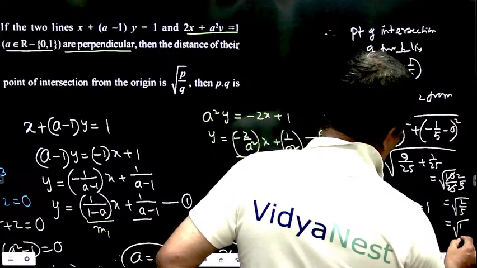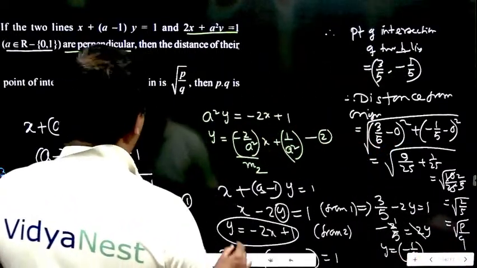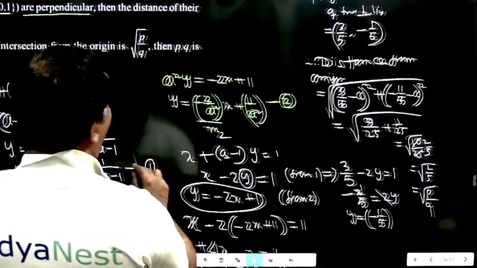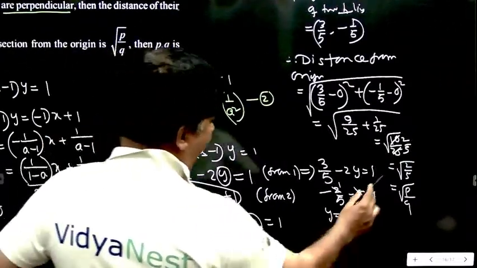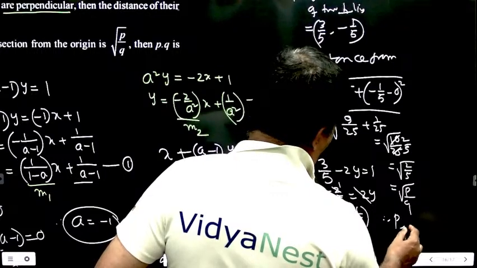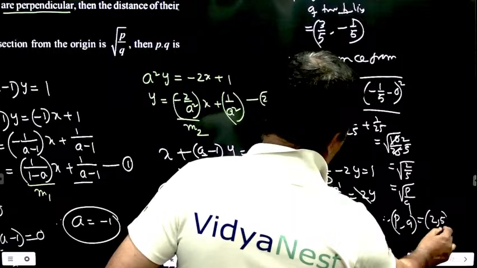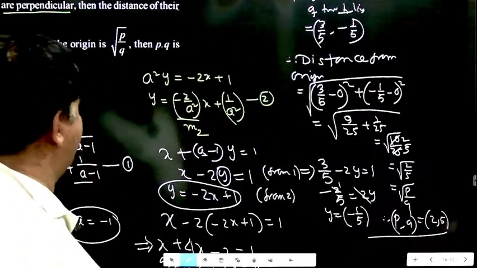That is root p by q. And what we are told to find in the question is p comma q. So comparing, p comma q is 2 comma 5. Hope you understood this sum.